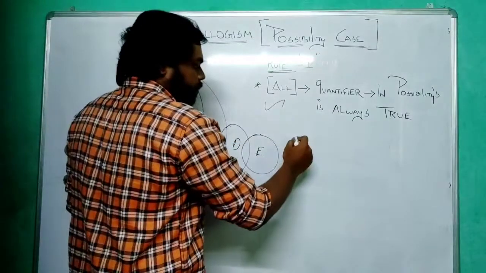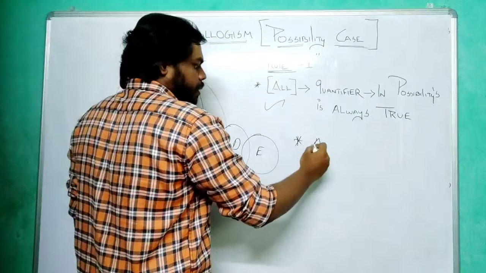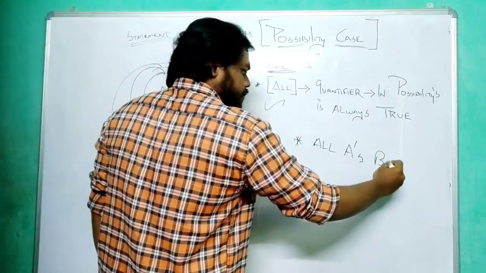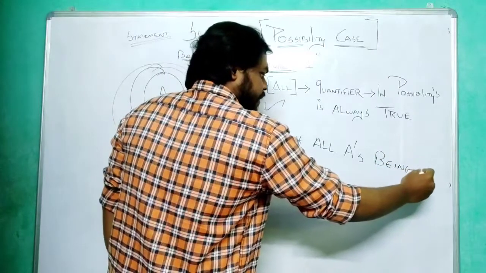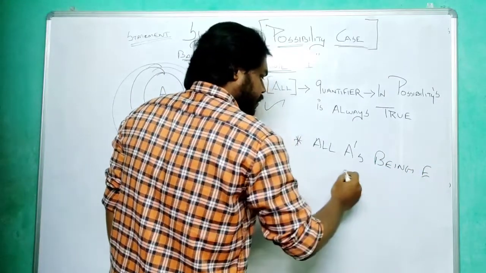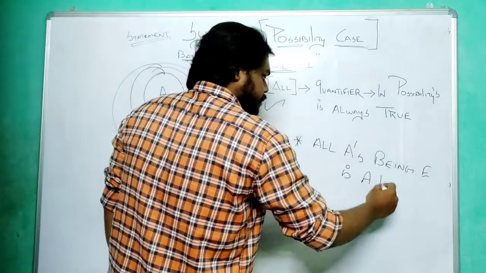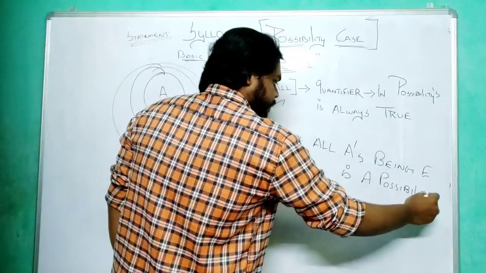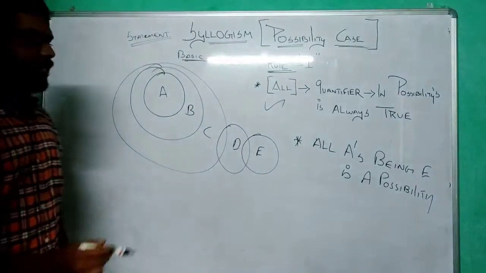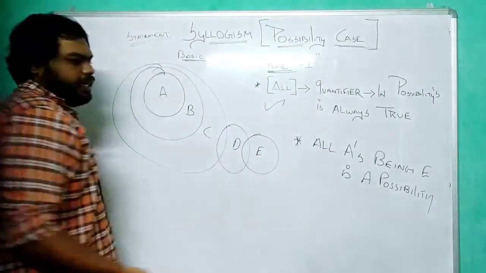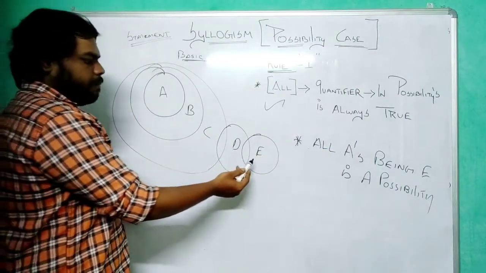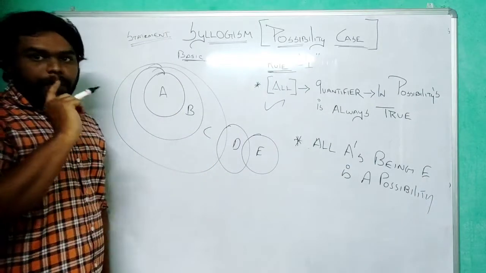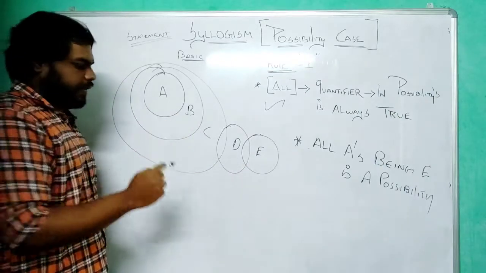I'll write an example. If I say all A's being E is a possibility, then you will be checking all A to B. For all A to B, there is no relationship, but in the possibility case, we can have a possibility diagram.